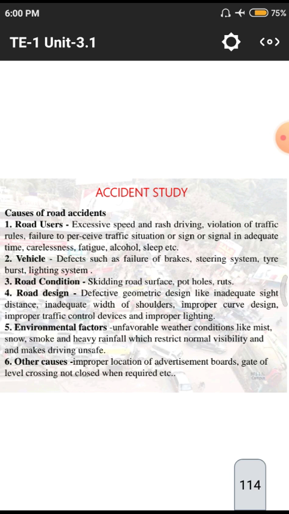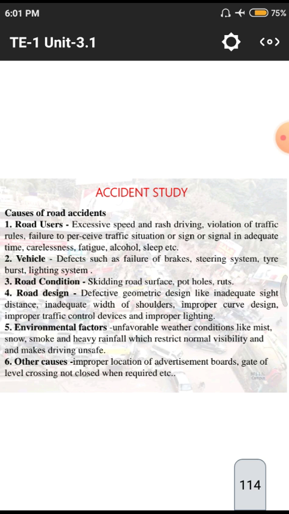Next one is road design. What is road design? Defective geometric design. Geometric design means, as we have previously observed, different kinds of designs like vertical curves, horizontal curves, and terrains. All those come under geometric design, like inadequate side distances and inadequate width of the shoulders.